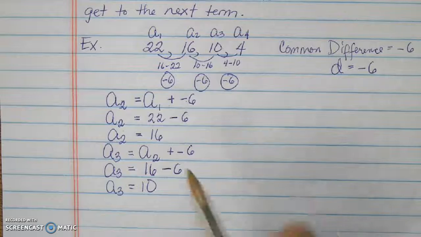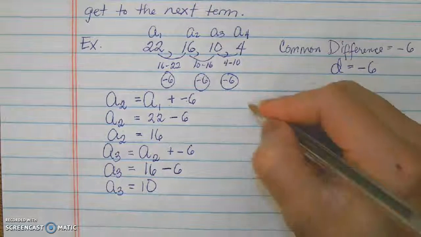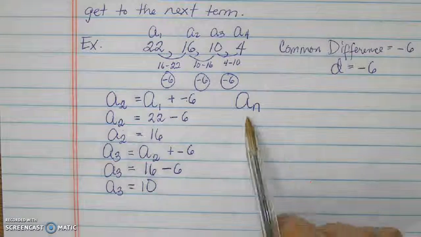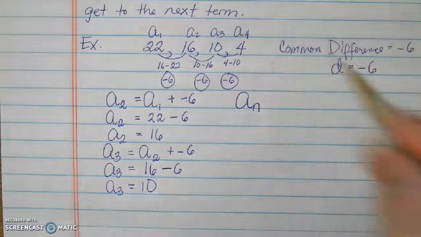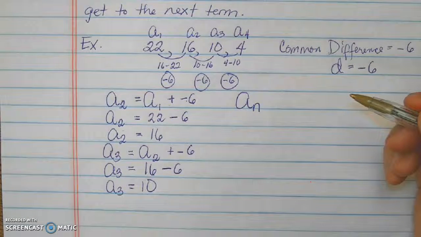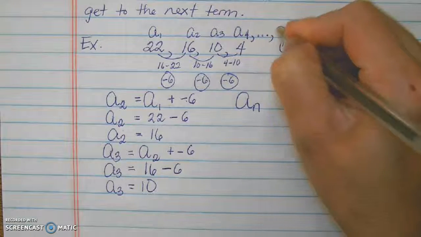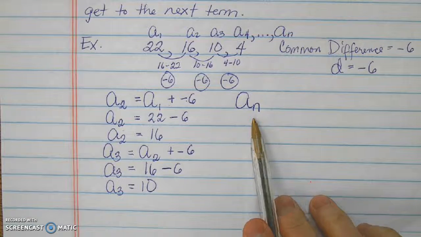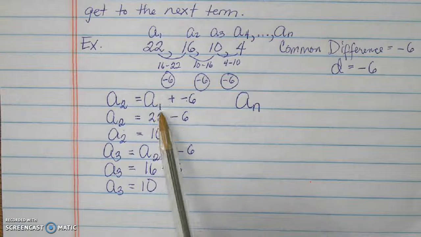Okay, after all these explorations, can you now find a way on how you can express AN? Let's say you're looking for any term, and we are going to denote that as AN. So how will that be? If this is a 2, I need my 1.